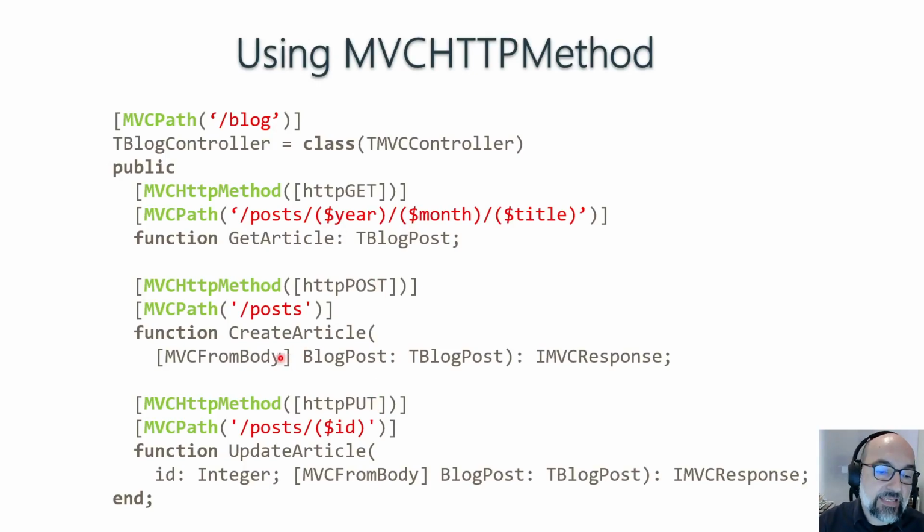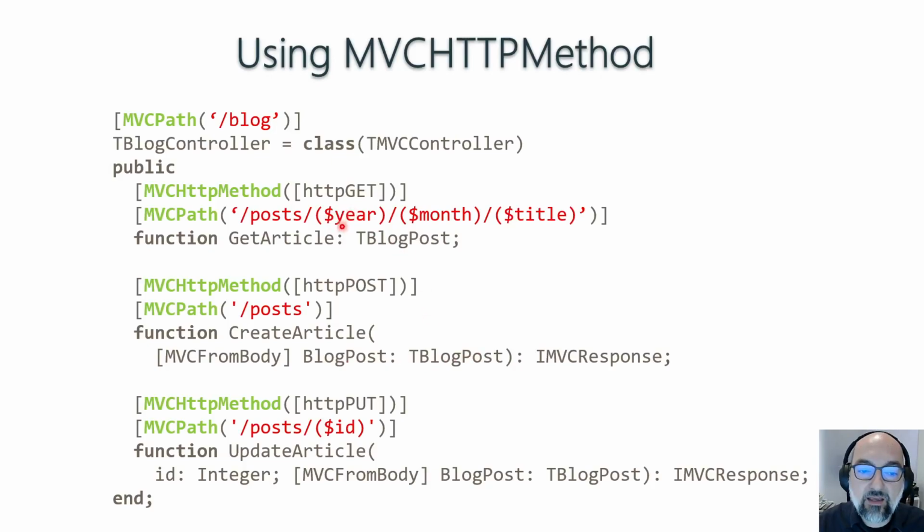As you can see here, we have another attribute applied to this parameter, this MVC from body. What does it mean? When a request has a request body, then using this parameter, the MVC framework can try to parse the request body to automatically create an instance of a TBlogPost.